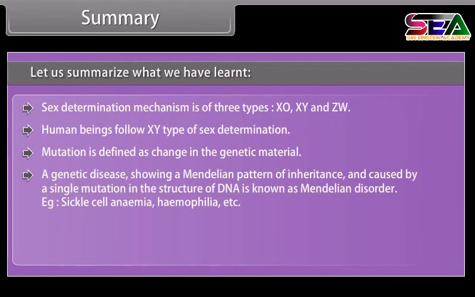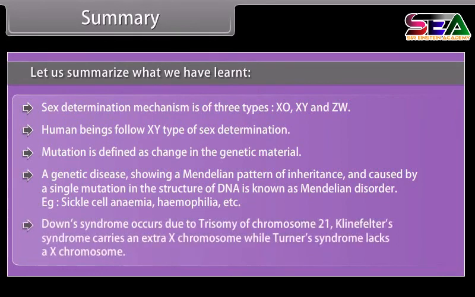A genetic disease showing a Mendelian pattern of inheritance and caused by a single mutation in the structure of DNA is known as Mendelian disorder. Example: Sickle-cell Anemia, Haemophilia, etc. Down syndrome occurs due to trisomy of chromosome 21. Klinefelter's syndrome carries an extra X chromosome, while Turner's syndrome lacks an X chromosome.